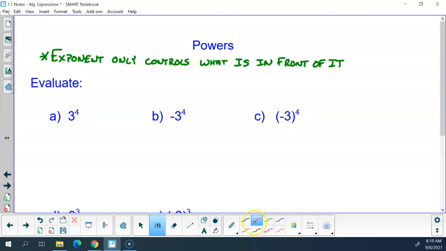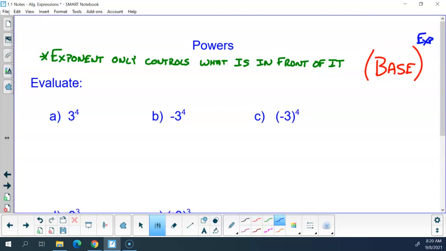So you're going to have a thing called a base, and that base is going to have an exponent. So that exponent only controls that base, what's directly in front of it.